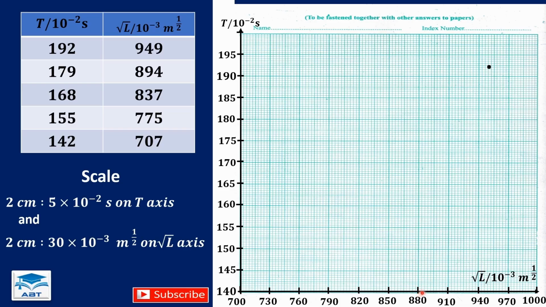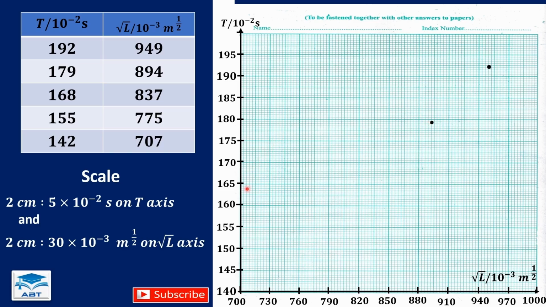So 1 box will be 883, another one 886, another one 889, and the fourth one will be 892, and 894 will be in the next box. So they are going to meet here.